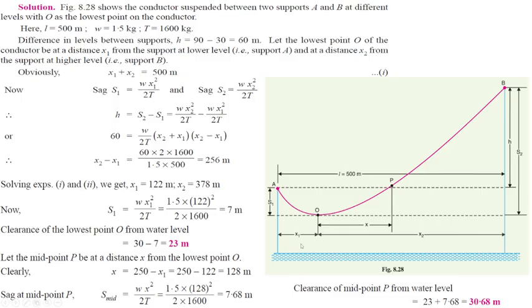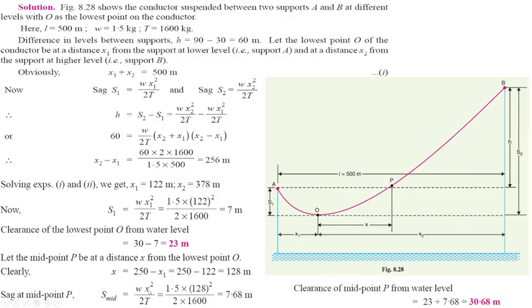And I want to find x. I want to find the sag at midpoint. So sag at midpoint is equal to W x power 2 divided by 2t, right?